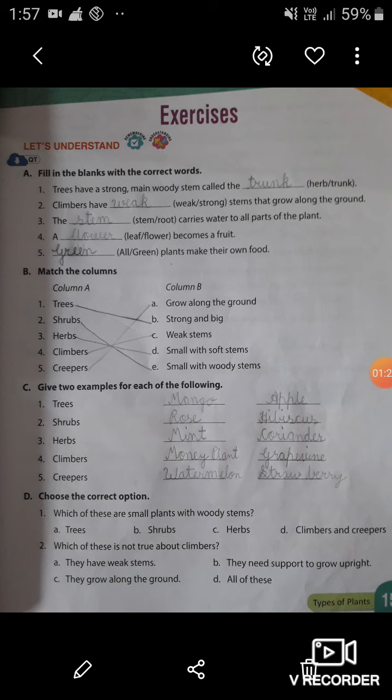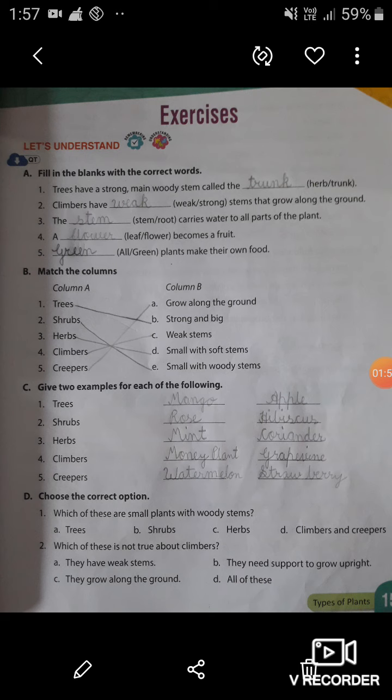So students, big and tall plants with woody stems are called trees. Small plants with woody stems are called shrubs. And small plants with soft stems are called herbs.